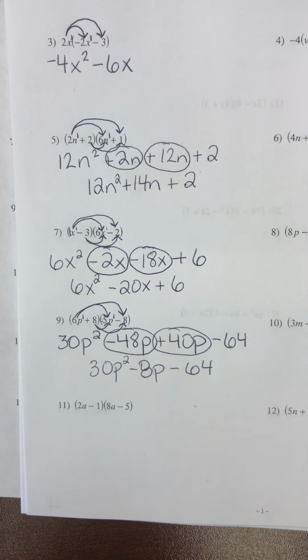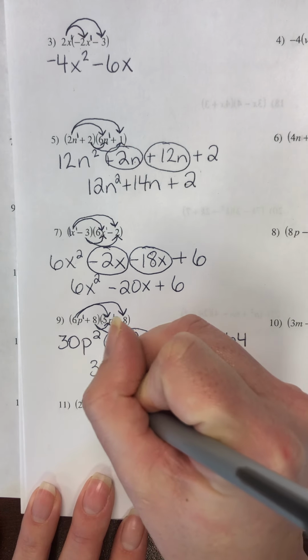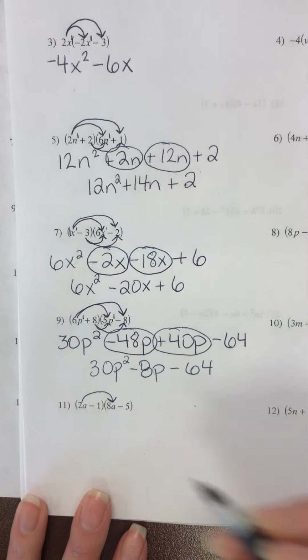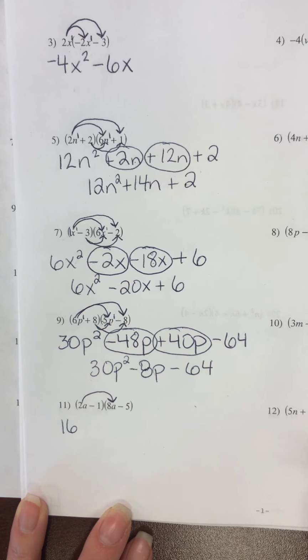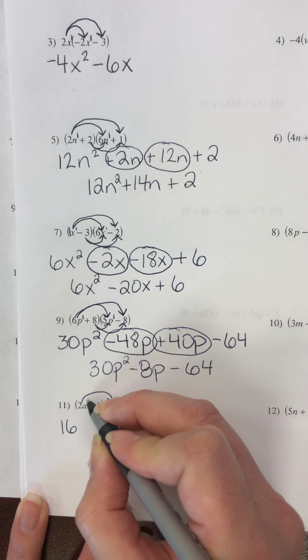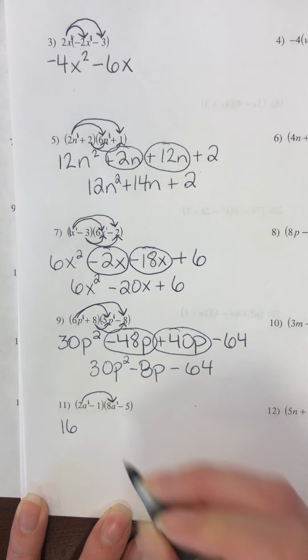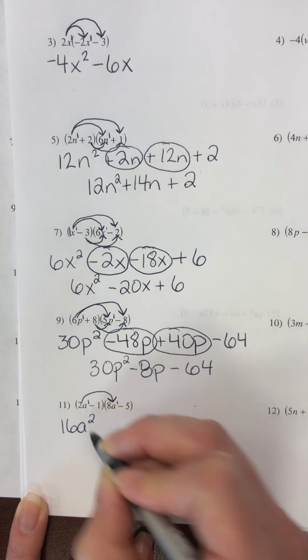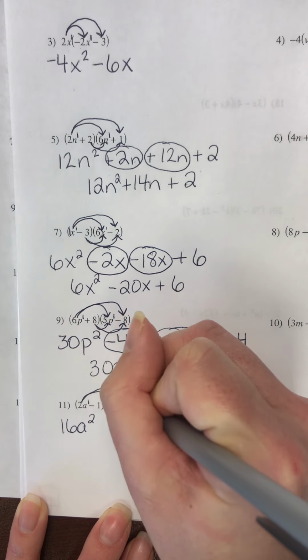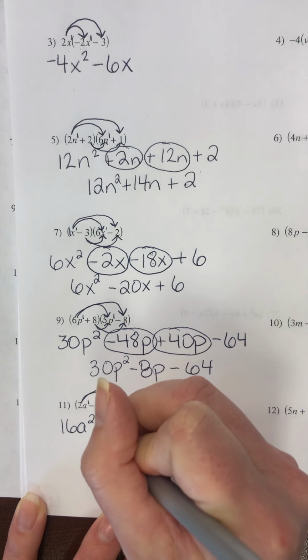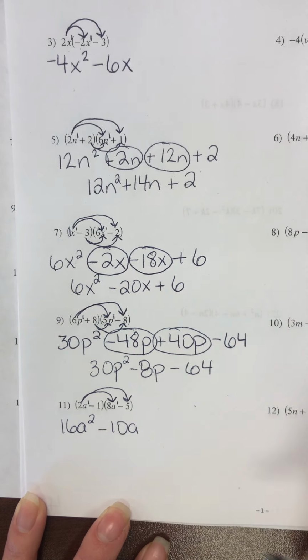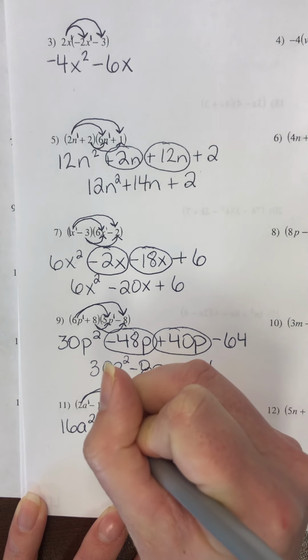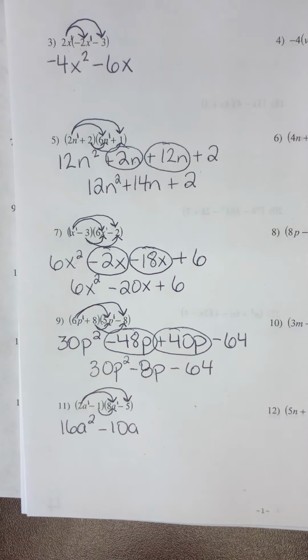And then here's the last one we're going to do. You guessed it right. You're going to do 2a times 8a. So 2 times 8 is 16. A to the first times a to the first, I add my exponents, so that's a squared. Then I have 2a times -5. It's -10a. Then I have a -1 I also needed to distribute.